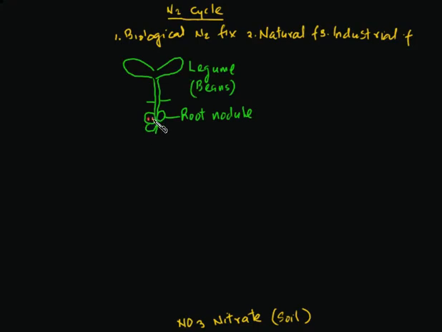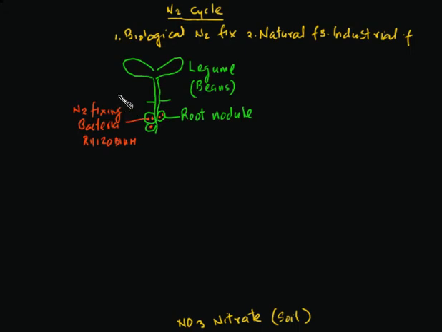And inside those root nodules, you find bacteria living. This bacteria is called the nitrogen fixing bacteria, or they call it Rhizobium. What does it do?